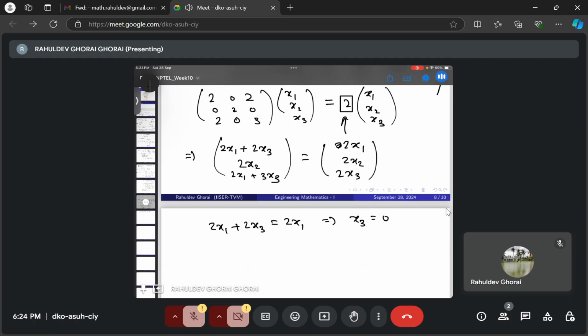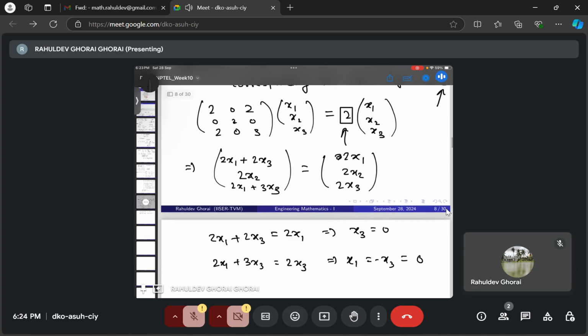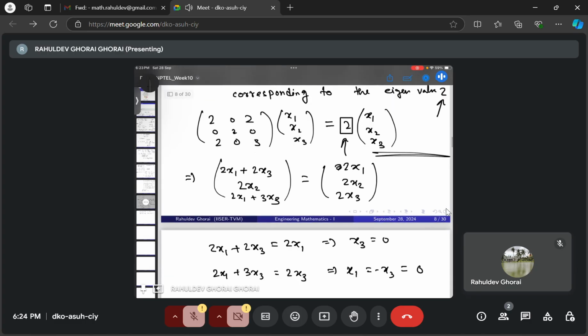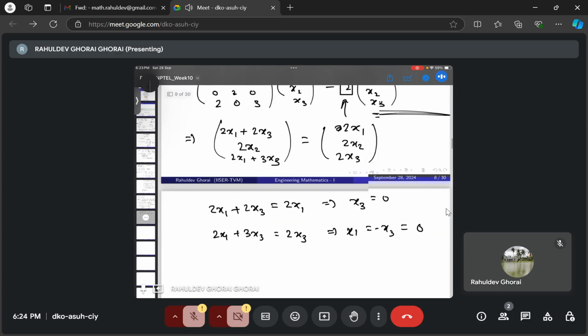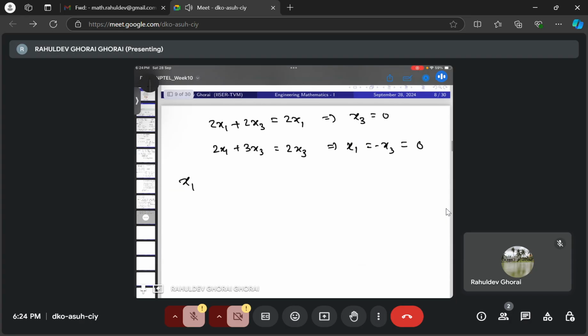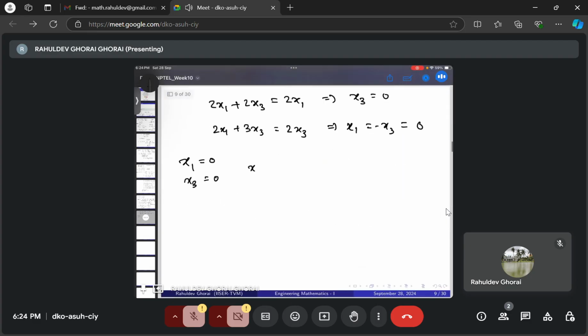From the third equation, 2x1 plus 3x3 equals 2x3, which implies x1 is equal to minus x3, which is 0. So x1 is 0, x3 is 0, and there is no information about x2, which can be any real number.